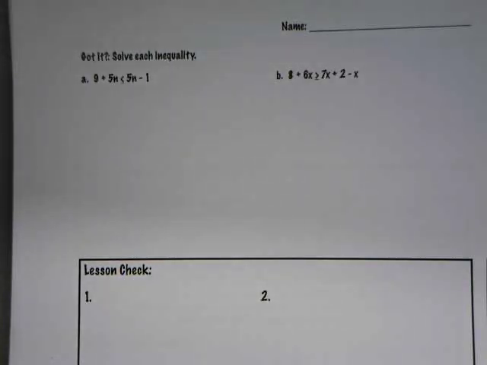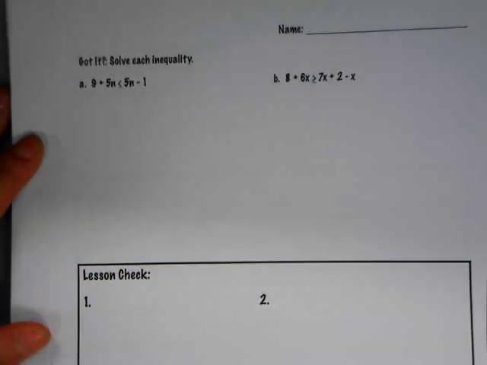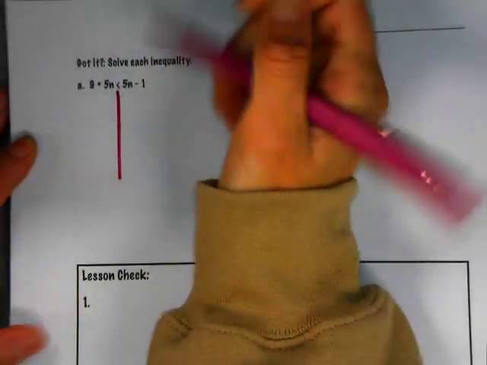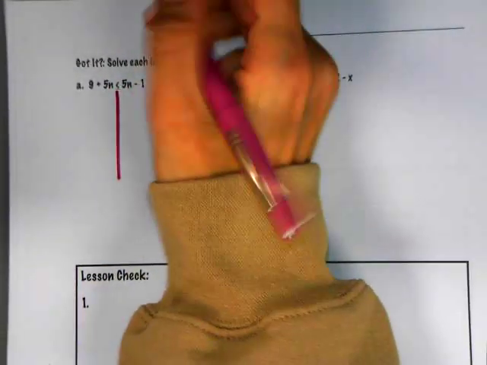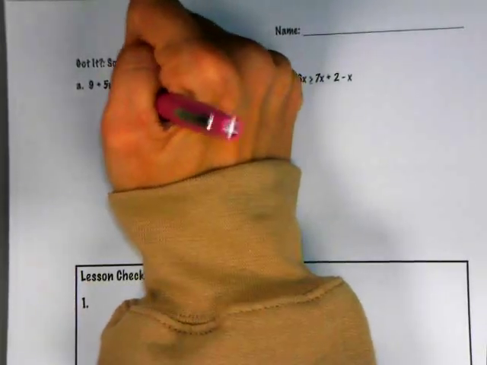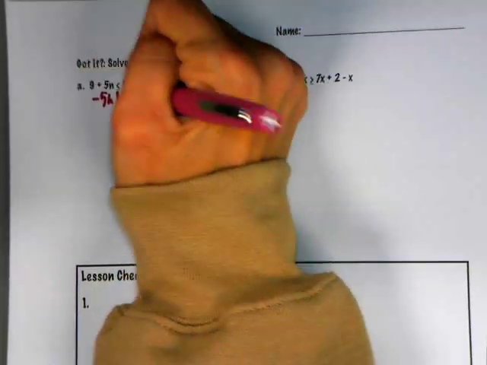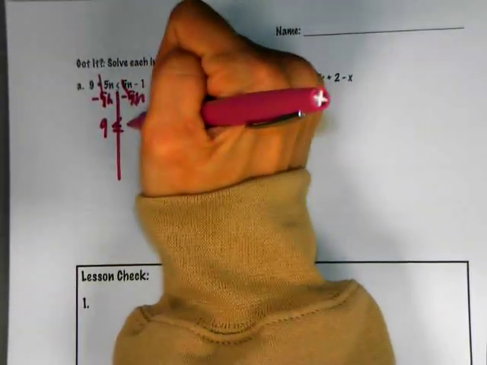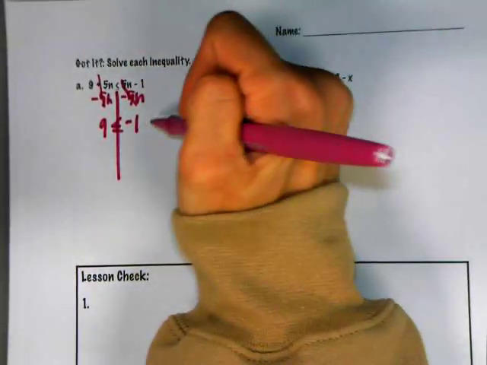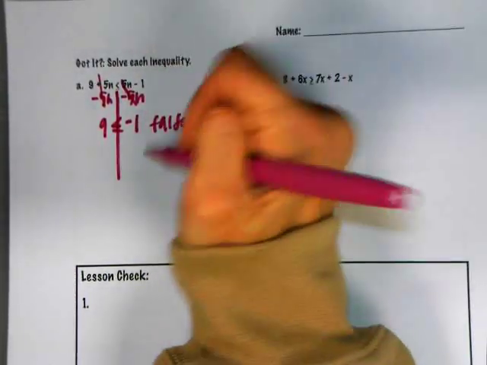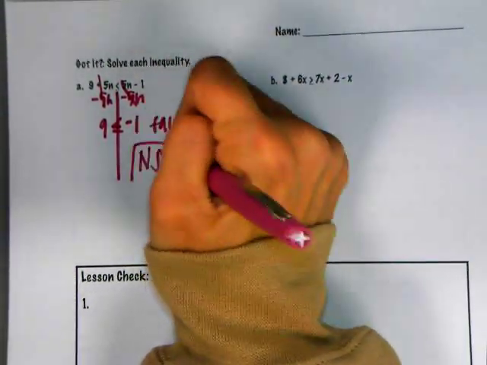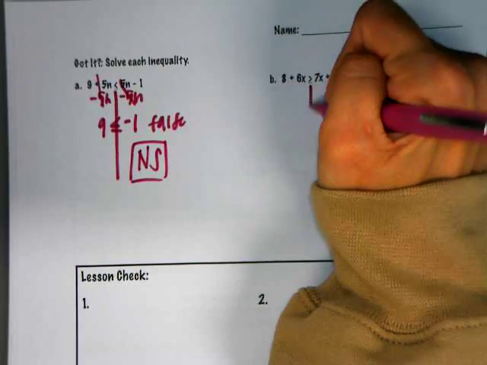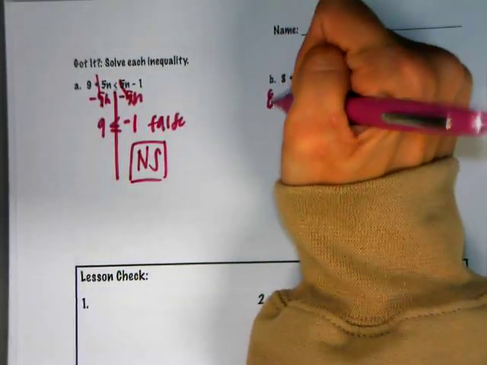Are you guys done? Okay. Alright, so on this one you have to simplify it all, so how do you move the 5n over? Yeah, minus 5n. So that's 0, so you get 9 is less than or equal to negative 1. True or false? So what's your answer? Yep. Alright, and this one you have stuff on the right side to simplify first.